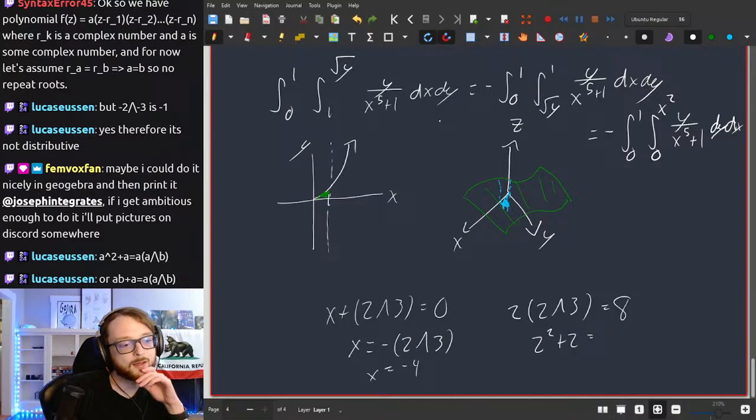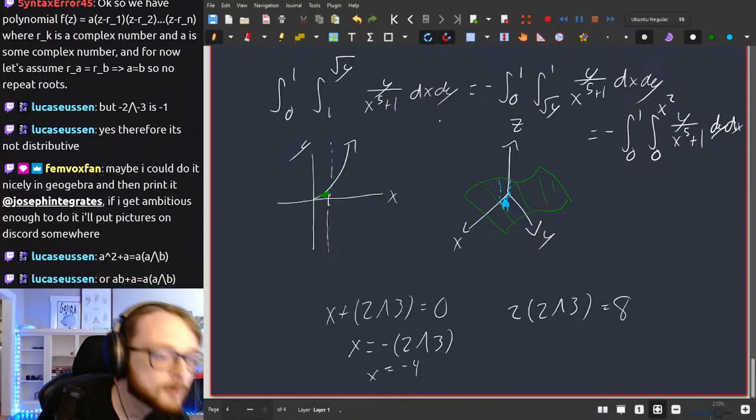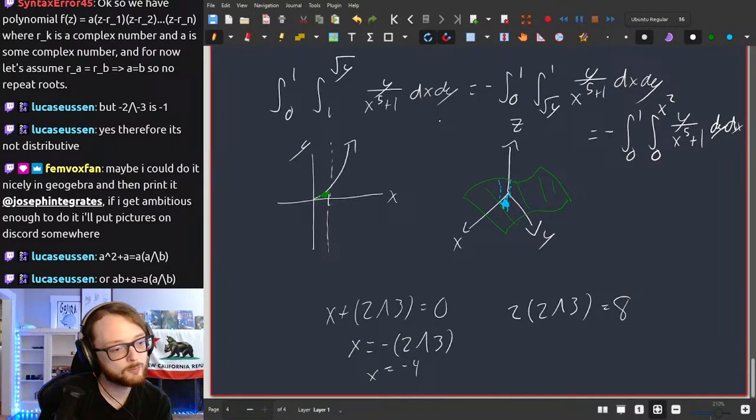Well, I think the issue, Lucas, is that it's going to depend on which one is greater than the other. Or maybe you fixed it now.